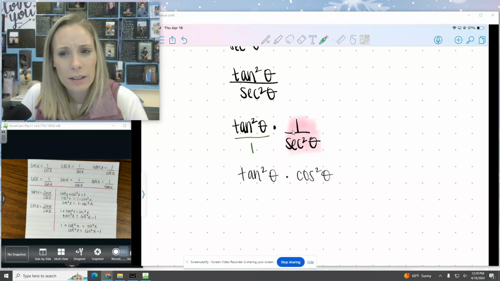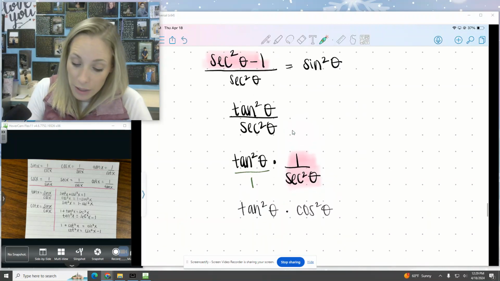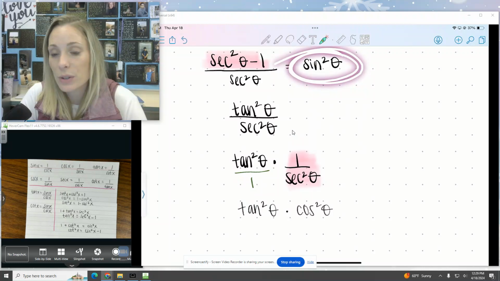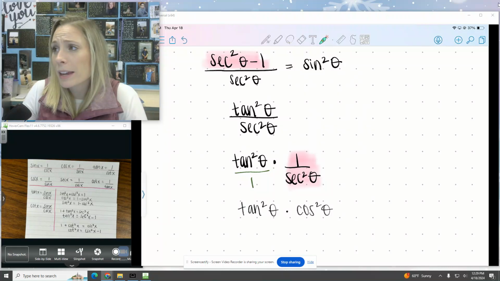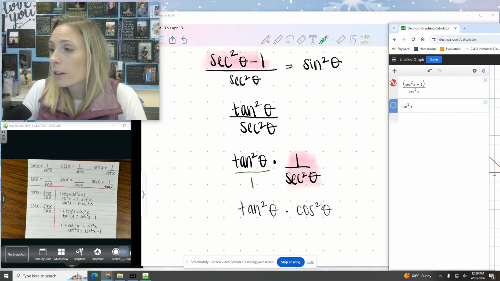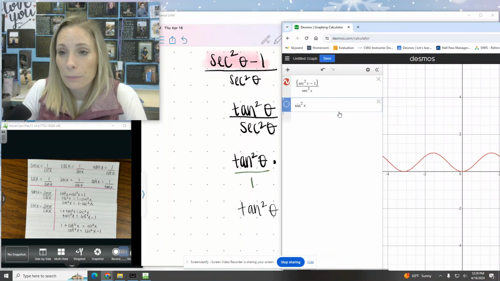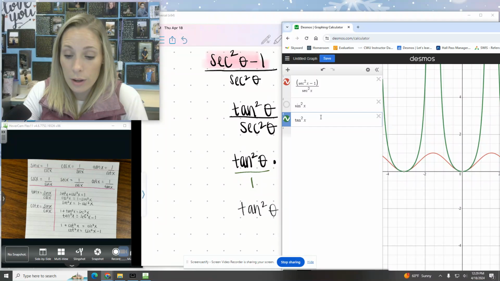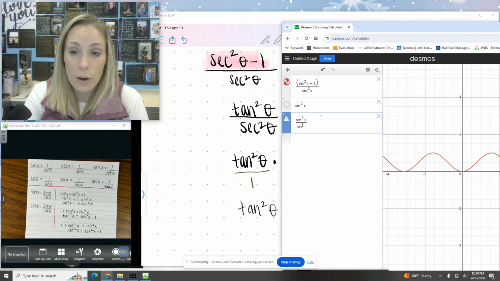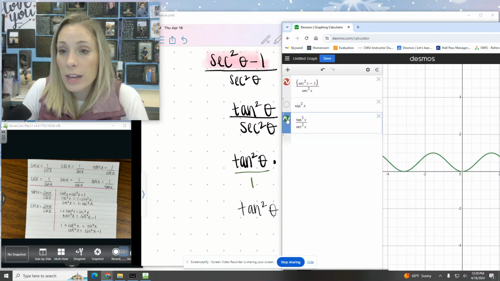Are we done? We're not done, because our end game is we have to get a sine squared. Now, if you're worried along the way, did I make an error, where did I make an error? You can always pull Desmos over, and you can type every single step along the way. So this is still overlapping. I did not make an error there.